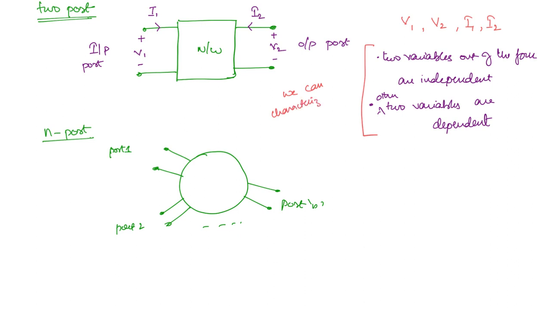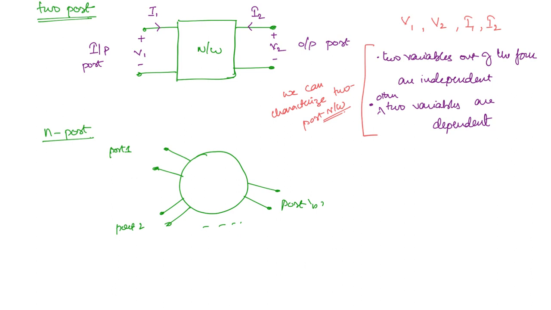What is meant by characterizing? Characterizing is nothing but to be able to describe the behavior of this particular network. That's all, nothing else. So depending on the variables, we have 4 variables here, any 2 variables we can take as independent, any 2 we can take as dependent. Depending on which one is independent and which one is dependent, we have various kinds of parameters.